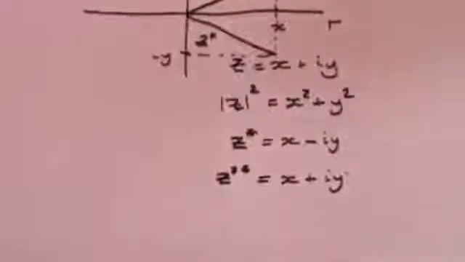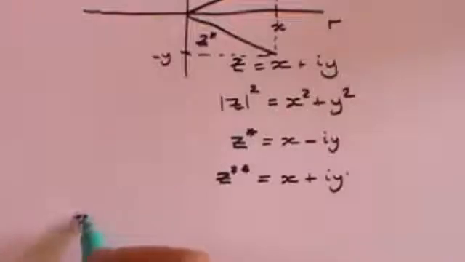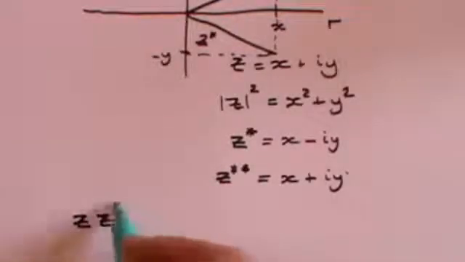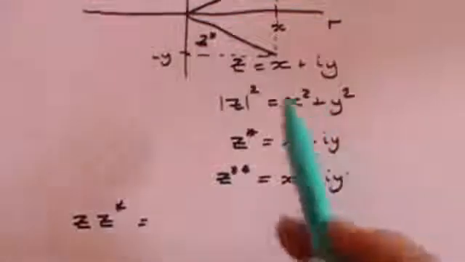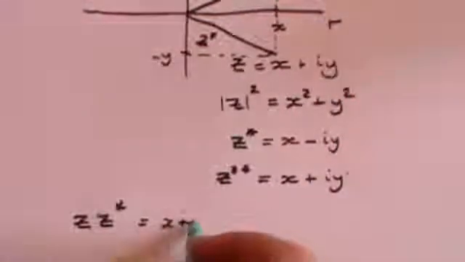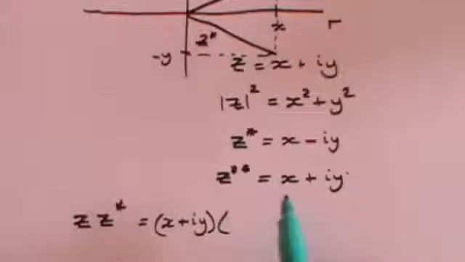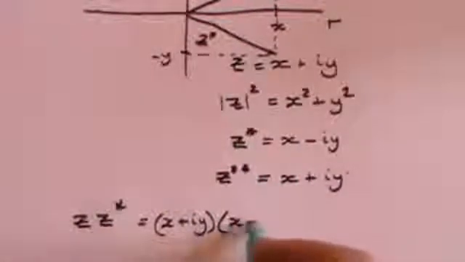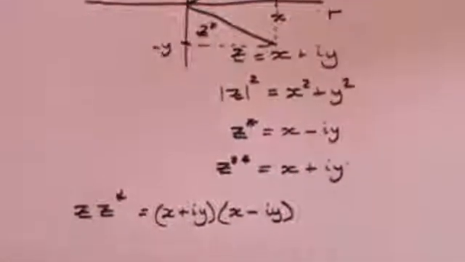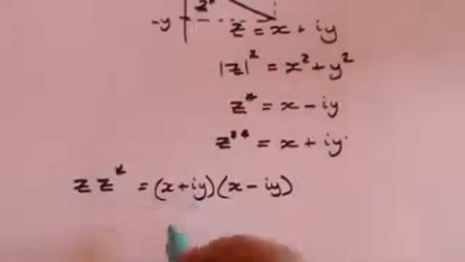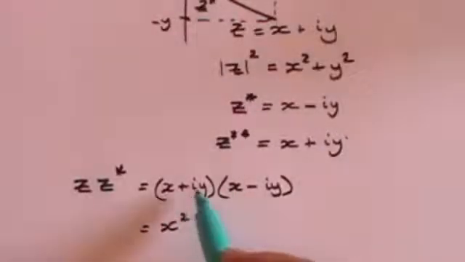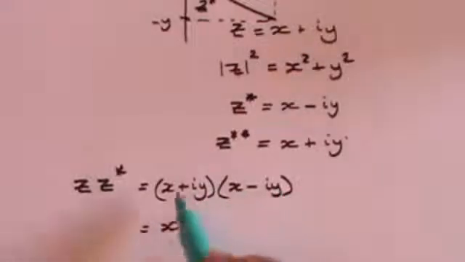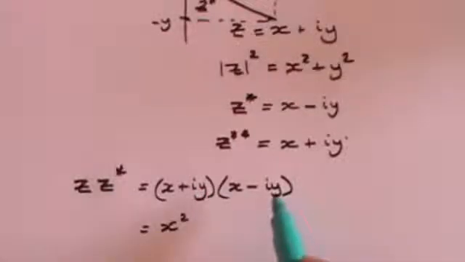But I want to draw your attention to something rather interesting, which is that if you multiply z by its complex conjugate, you're going to get x plus iy multiplied by its complex conjugate x minus iy. And what you're going to get there is x squared. The plus iyx will cancel the minus iyx. And so you're now just left with iy times minus iy, which is minus i squared y squared.